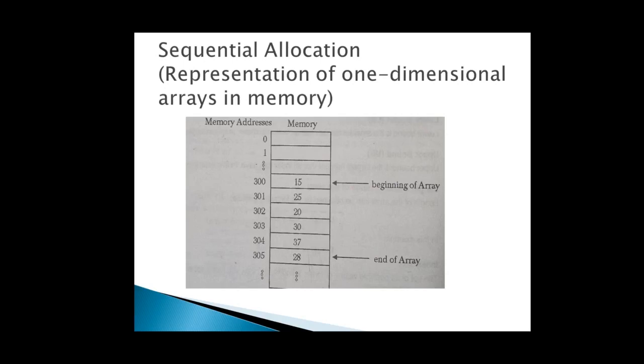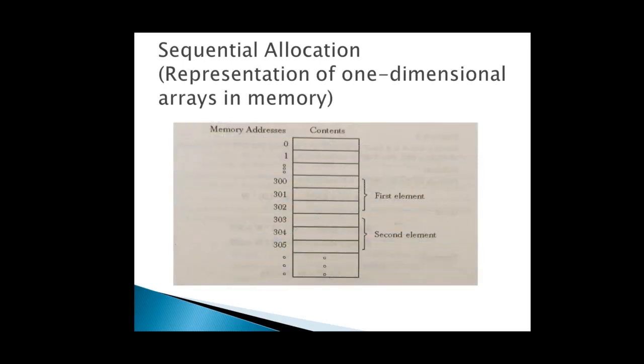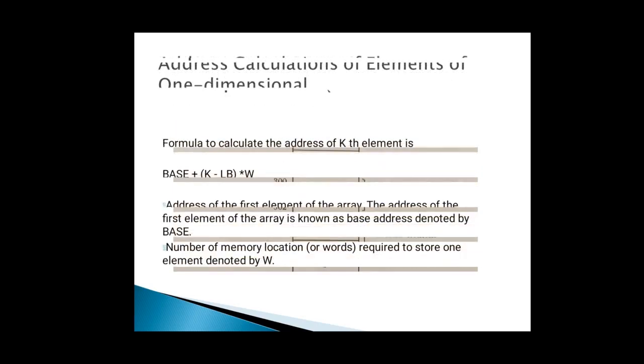Beginning of the array is 15 and end of the array is 28. As in the previous example, one element occupies only one location, but one element can occupy more than one location. As in this example, the first element occupies three locations, the second element occupies three locations.